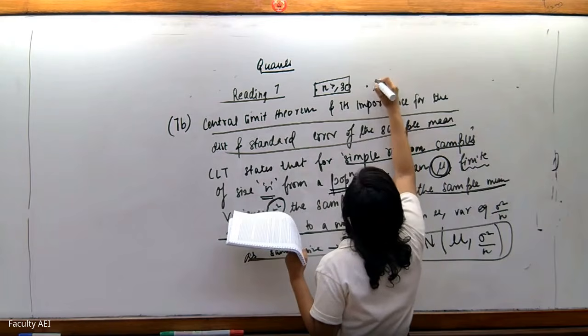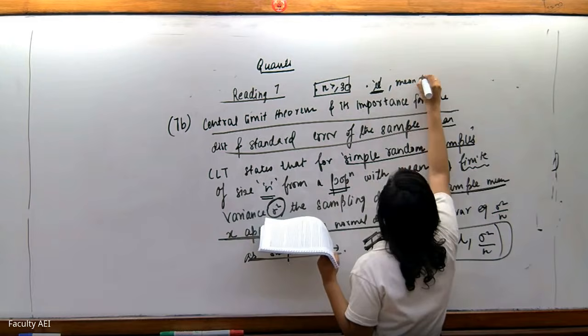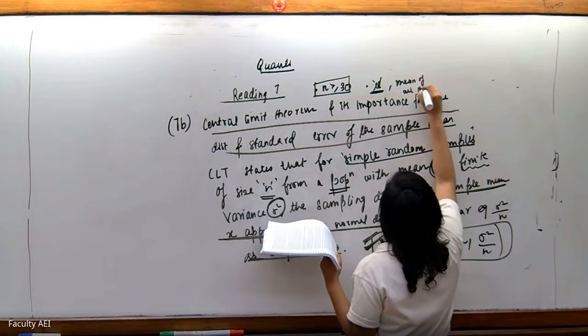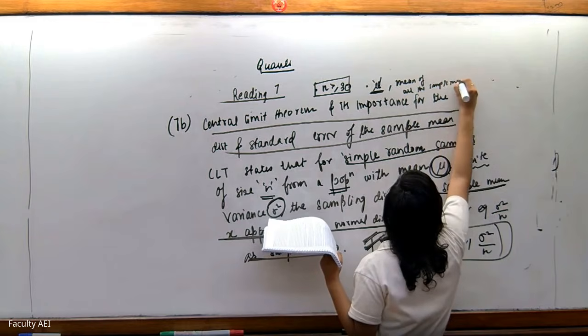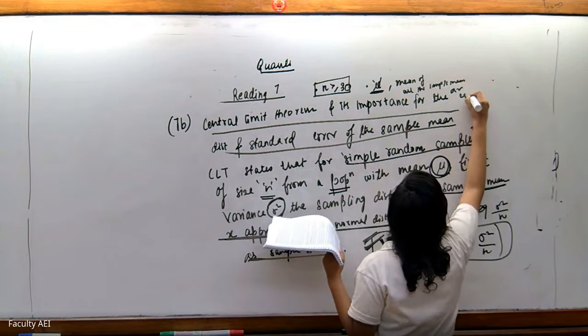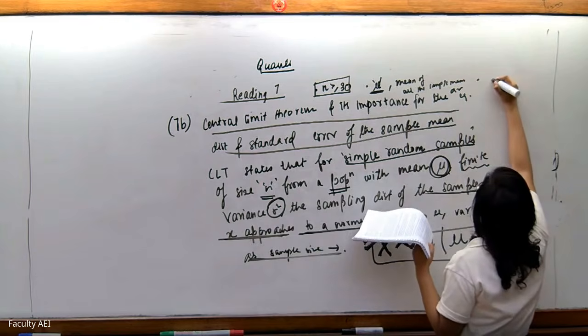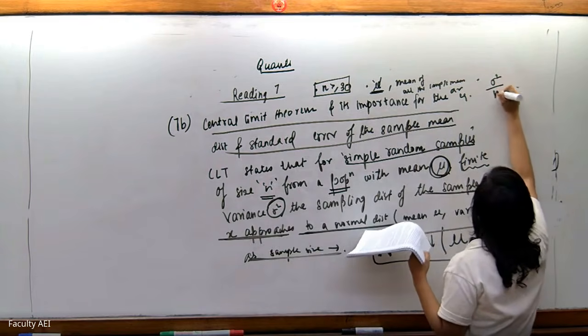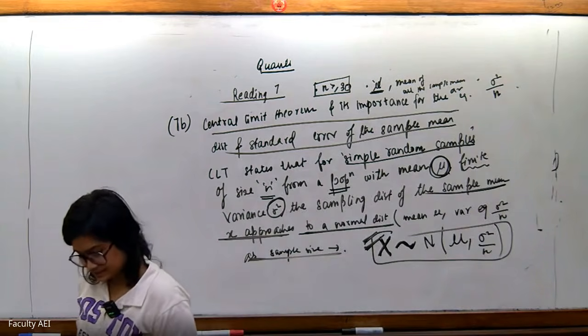Then the mean of the population mu and the mean of all the samples are equal. And the third being, you are dividing your population variance by the sample size.